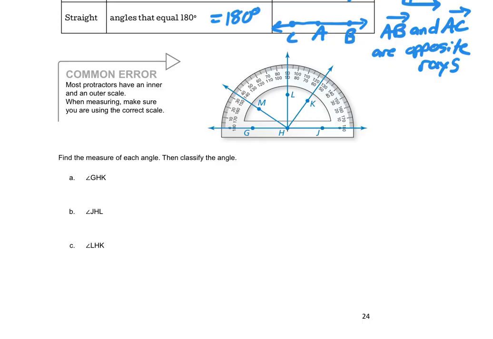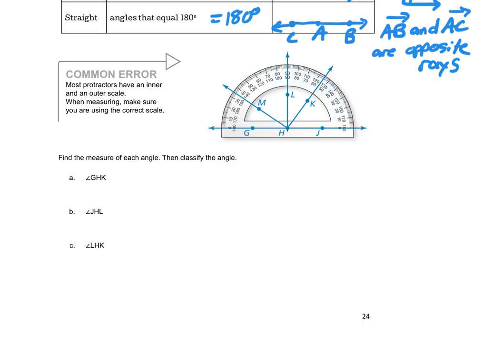And so we're going to go off this bottom line right here. This is kind of the center. That's what this little mark right here is. This is where the center of the angle would be, and we're going to line it up with the bottom ray. As I look at this, this is an acute angle, so we're going to look at the smaller number, between 50 and 60, and it tells us that would be right at 55 degrees, okay?